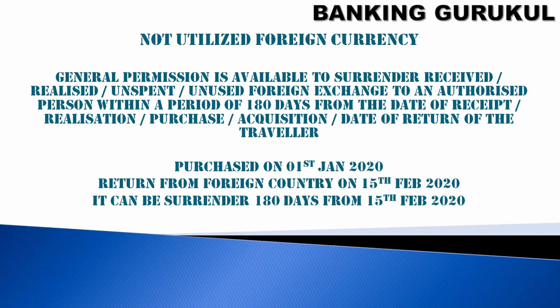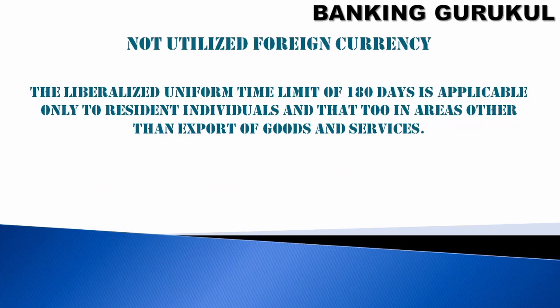Return from the foreign country is on 15th February 2020. It can be surrendered within 180 days from 15th February, not from 1st January. The uniform time limit of 180 days is applicable only to residents of India, and that too in areas other than export of goods and services. So this 180 days is only applicable to residents and individuals of India.